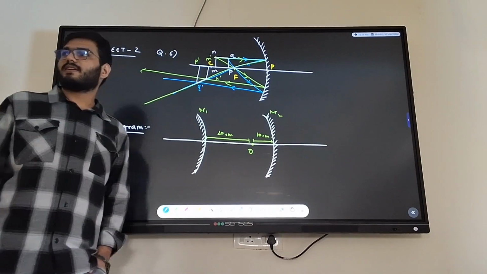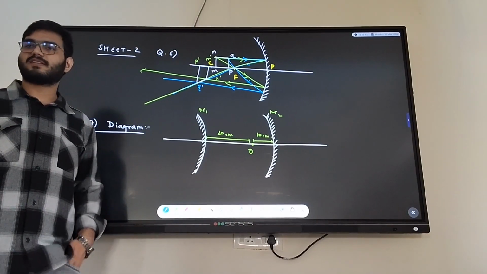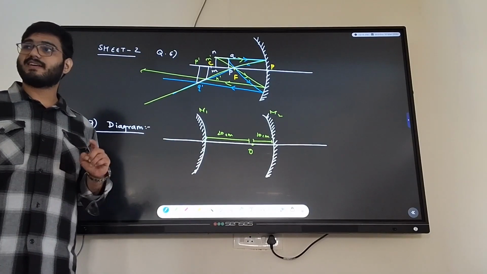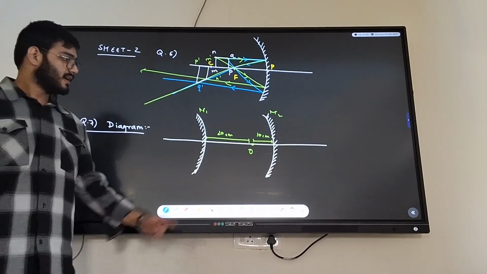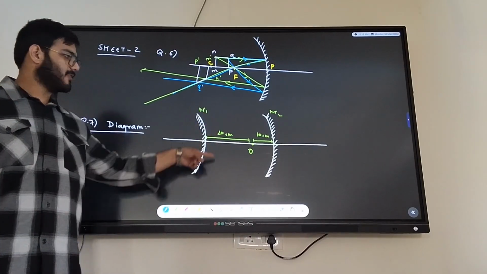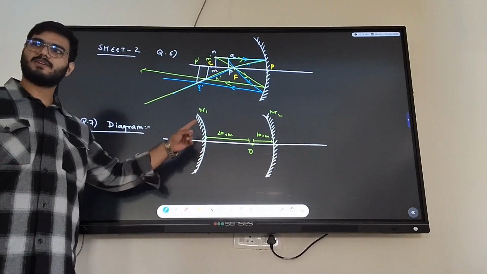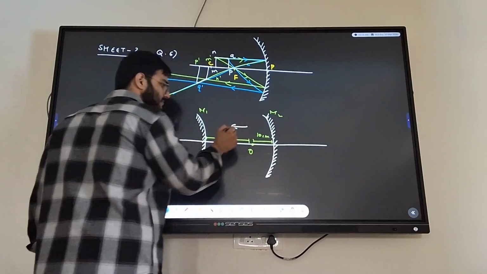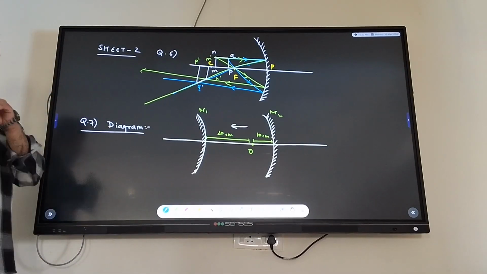So it's given that you have to take the first reflection with respect to M1. Now please be careful of the sign convention. Now this is very important. If the source or the object is here, then for M1, what should be the direction of incident rays? Direction of incident rays will be something like this. For M1, right?